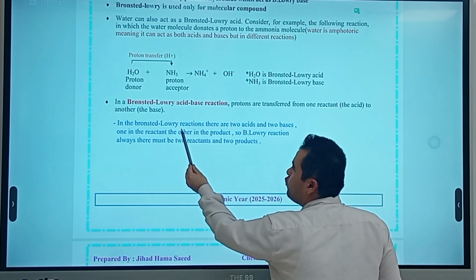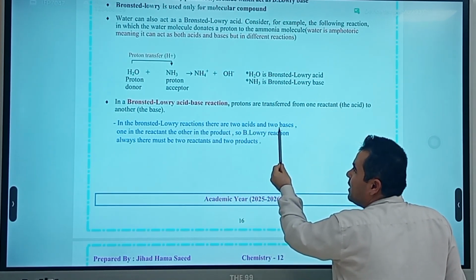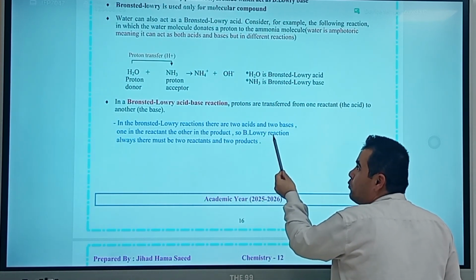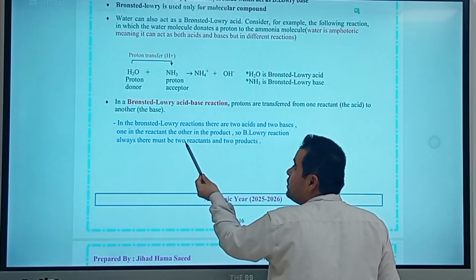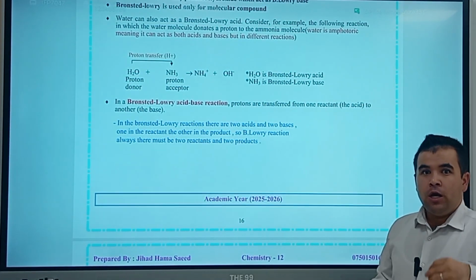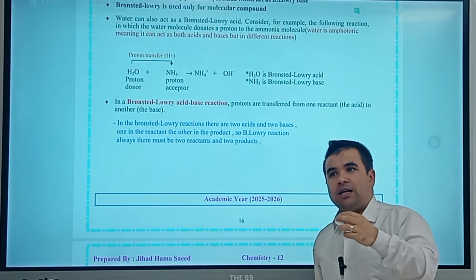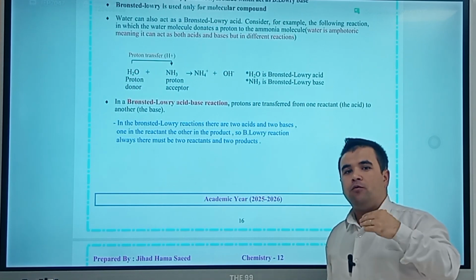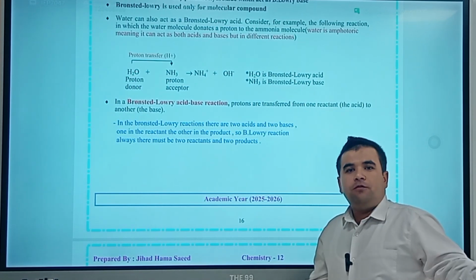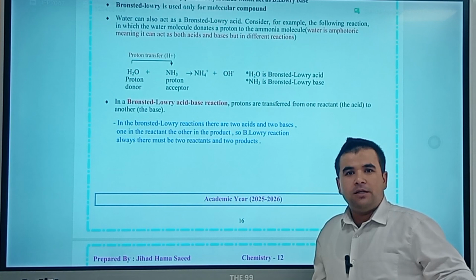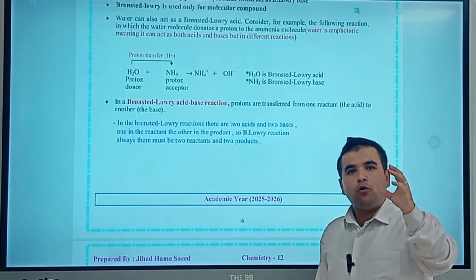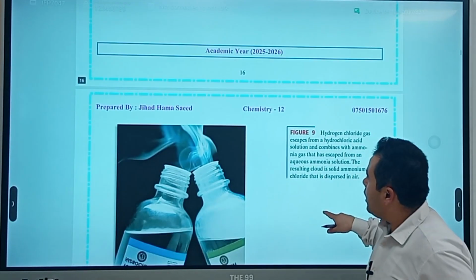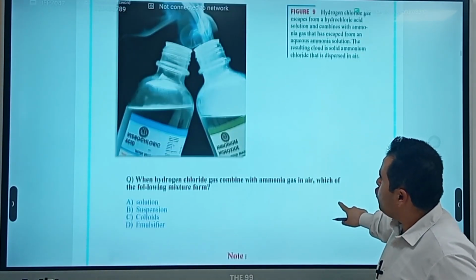In a Bronsted-Lowry reaction, there are two acids and two bases, one in the reactant and the other in the product. There must always be two reactants and two products. There may be questions asking which scientist's definition a given equation follows, so you have to know that there should always be two reactants and two products for a reaction to be a Bronsted-Lowry reaction.